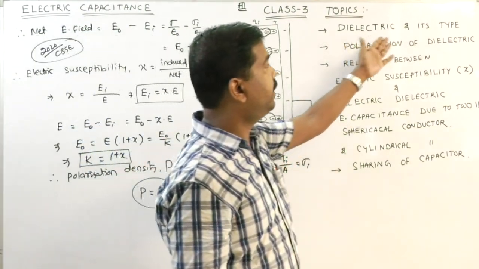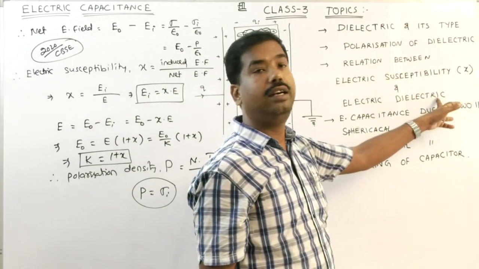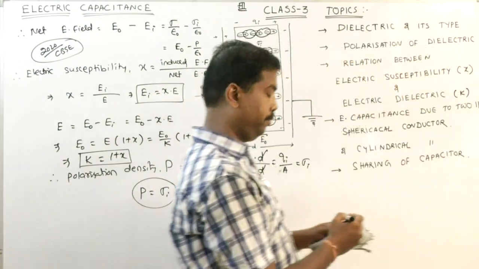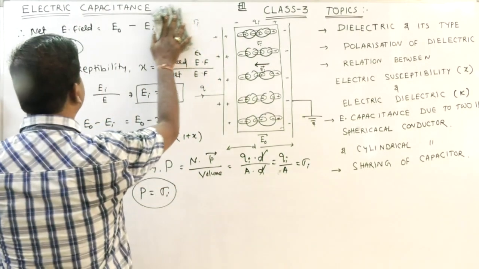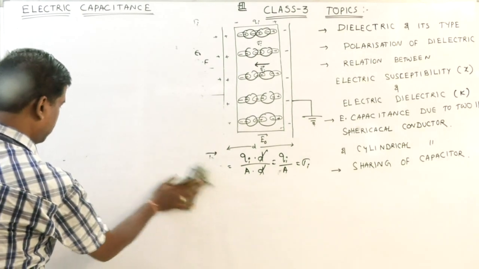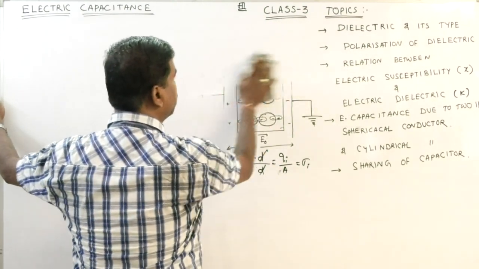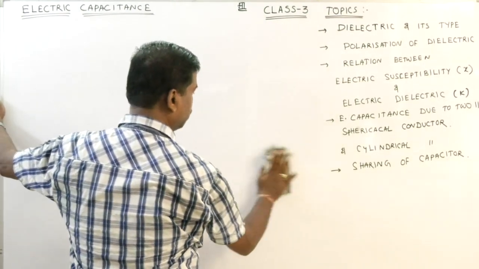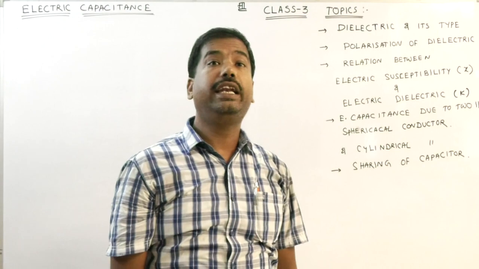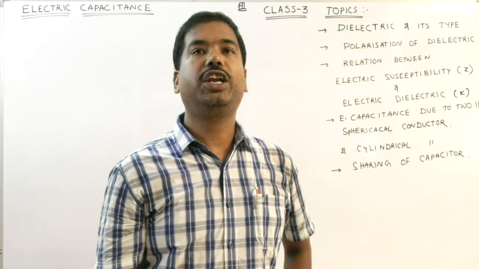So we have already discussed dielectric and its types, polarization of dielectric, and the relation between electric susceptibility and dielectric constant K. Clear? Now, when a dielectric slab is placed in a parallel plate capacitor, what factors get changed?